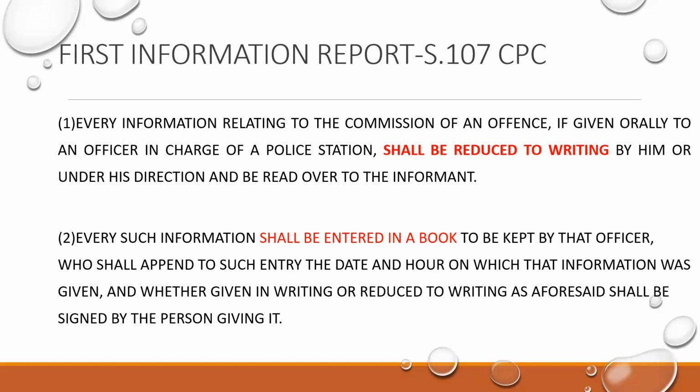There are important sections governing how the format of this FIR should be and how it should be converted into this form. If you look at section 107 subsection 1, it is clearly stated that the FIR must be reduced into writing. The word is shall. Shall means compulsory, mandatory.